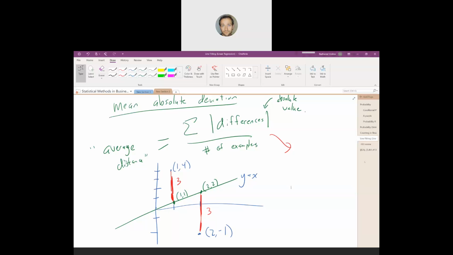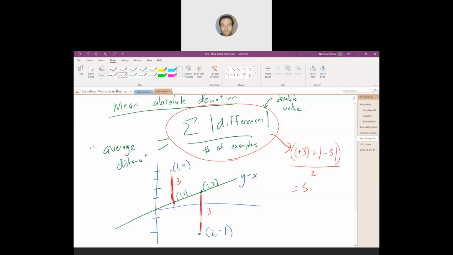So using this, it's plus 3 plus the absolute value of minus 3, over 2, which equals 3.